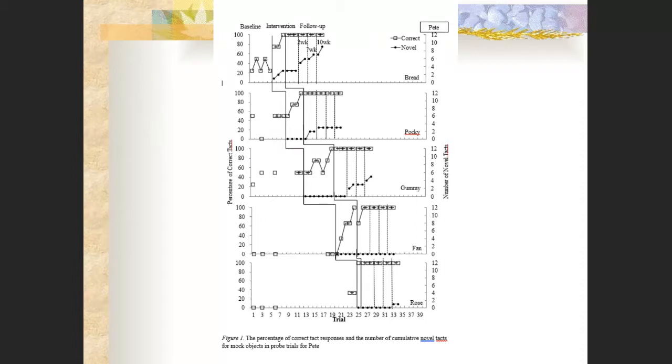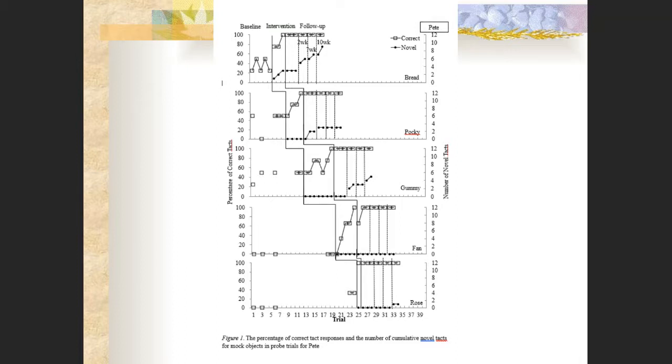So this is the graph for mock objects. And we can see in baseline, they have very limited correct responses, from 0 to probably the middle level, at best. And after the intervention, they could respond very well, right? 100% accuracy.